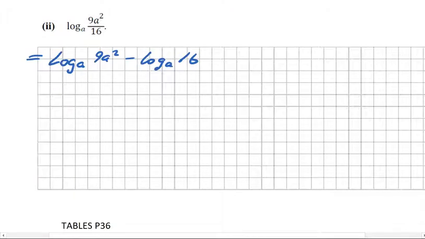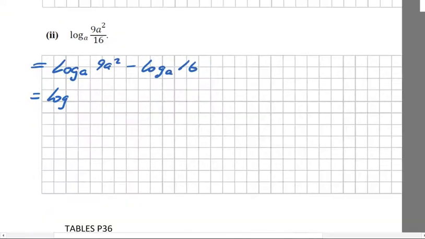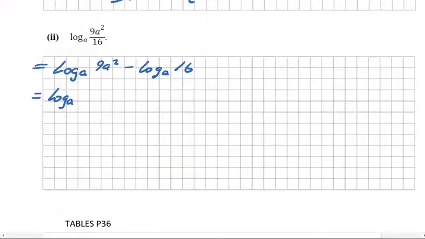And again, we've got to force 2 and 3 in there somehow, because that's how we get P and Q into the answer. So we can work with this a little bit. 9 can be written as 3 squared. So it's 3 squared a squared, and put a bracket around that, minus log to the base A of 16, which is 2 to the power of 4.